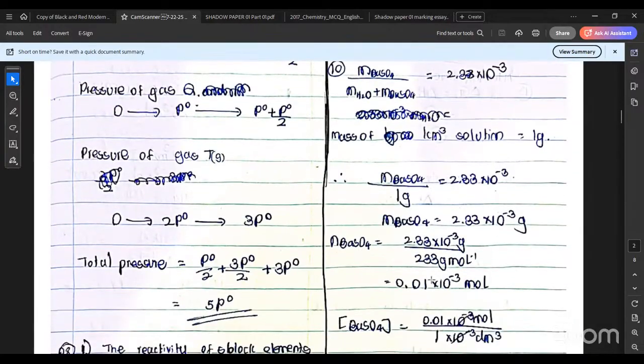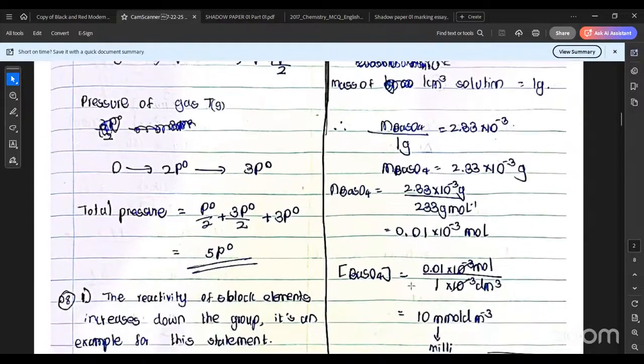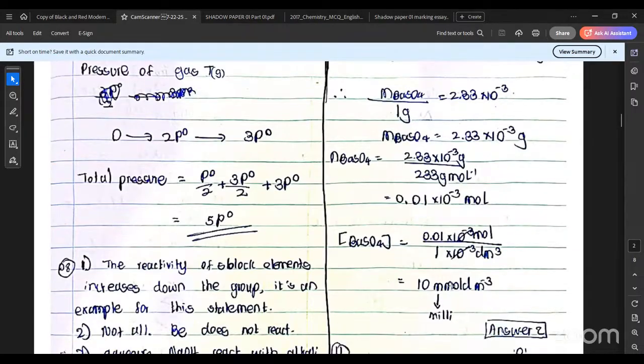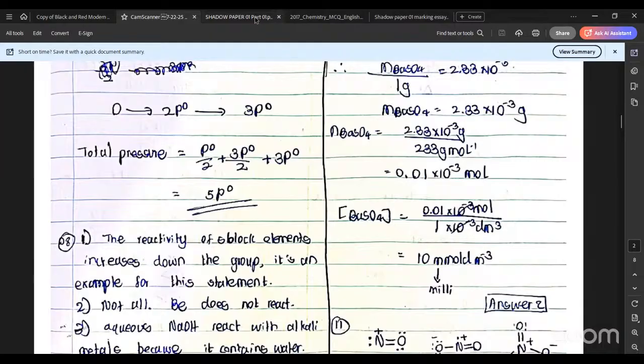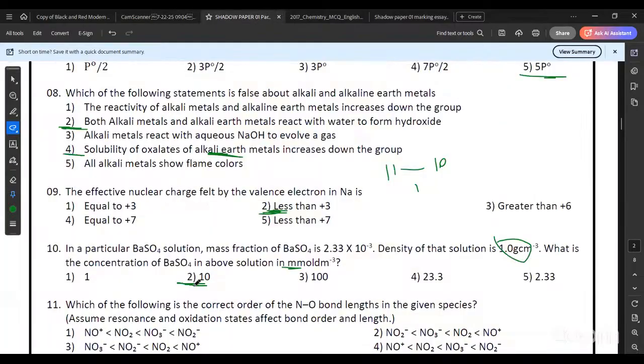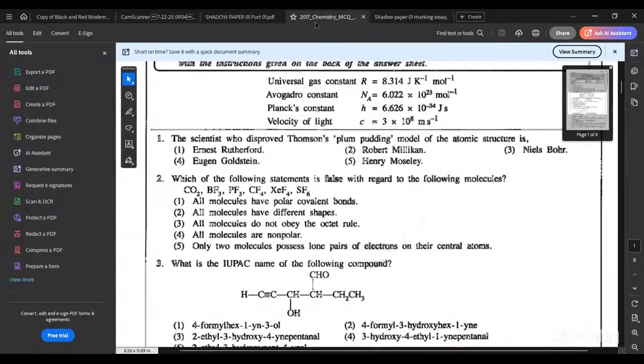So you have the number of moles of barium sulfate as 0.01 × 10 to the power minus 3. So the concentration of barium sulfate will be the number of moles divided by volume. So that is 10 millimoles per cubic decimeter. It's going to be answer number 2. Right.